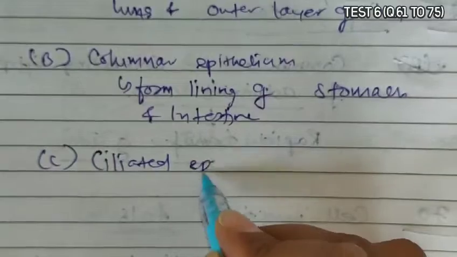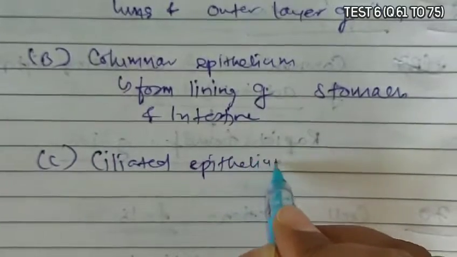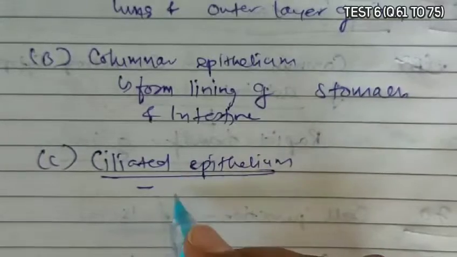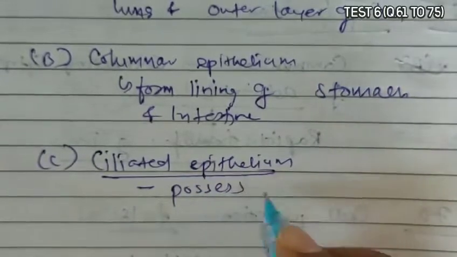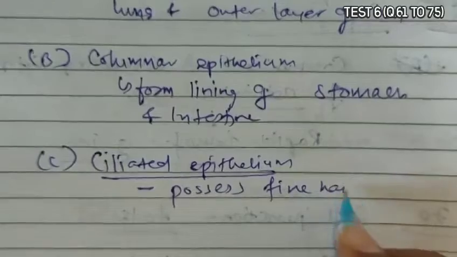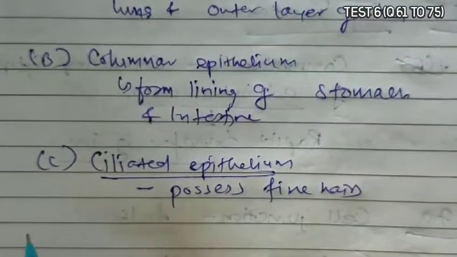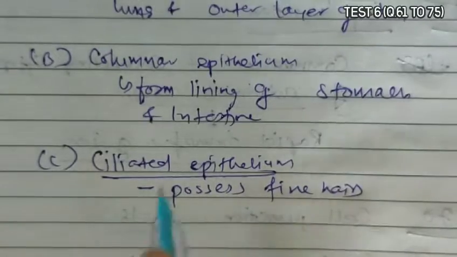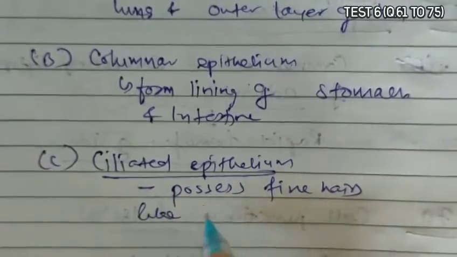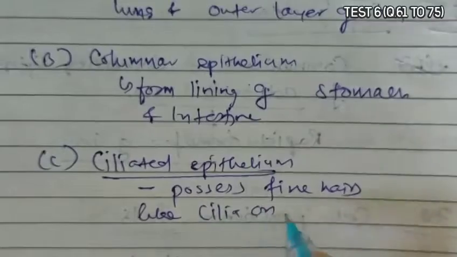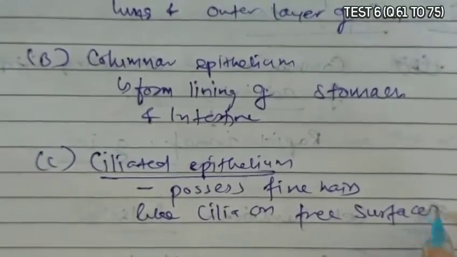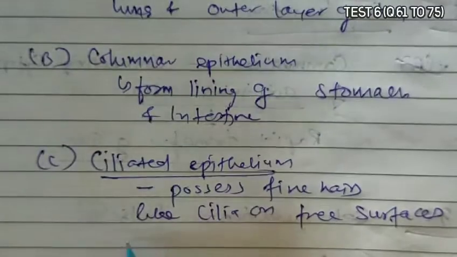Now option C is given as ciliated epithelium. That ciliated epithelium possesses fine hair-like cilia on free surfaces.